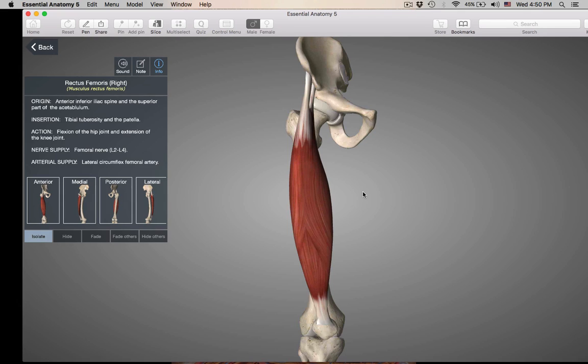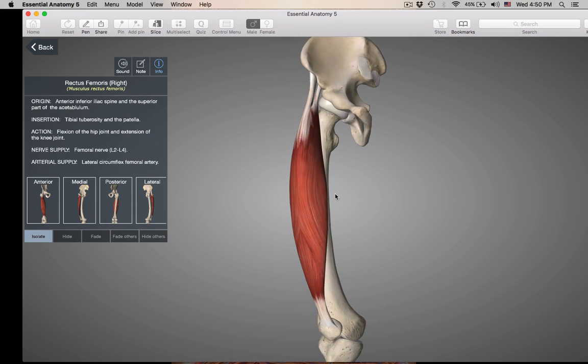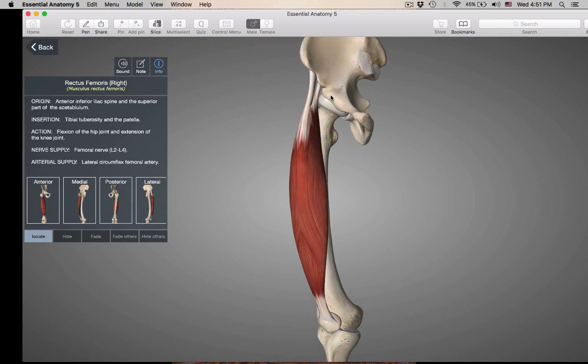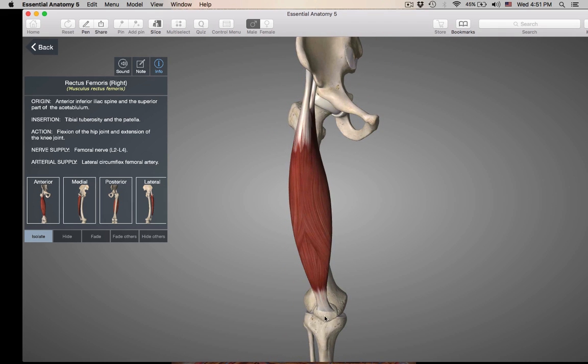So you can see its origin is by the anterior inferior iliac spine. It's more by the anterior inferior iliac spine, and its insertion is going to be, we have this muscle tendon, the quadriceps tendon.